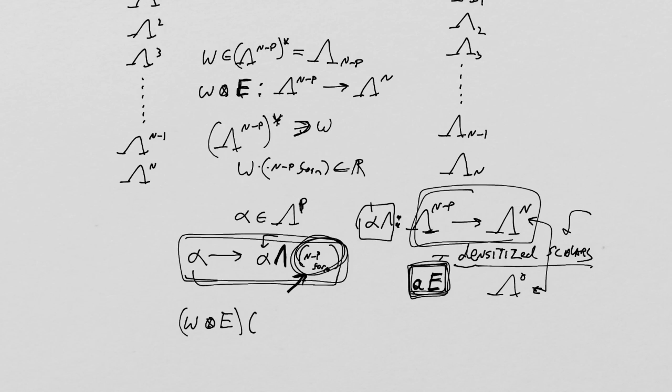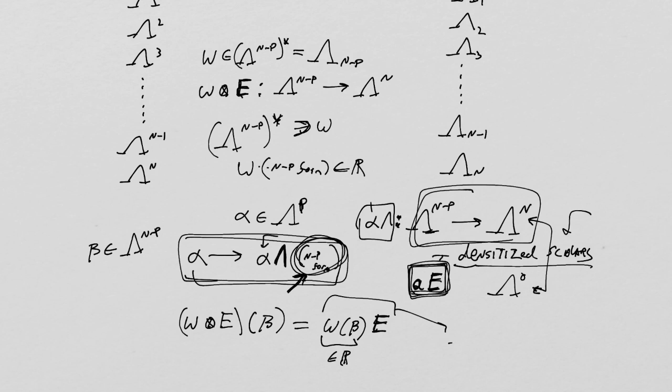Let's put beta as an element of the n minus pth exterior power. Operating on beta is going to be omega on beta E. And omega beta is an element of the real numbers, and this whole thing is an element of the top form, and the whole thing is a densitized scalar.